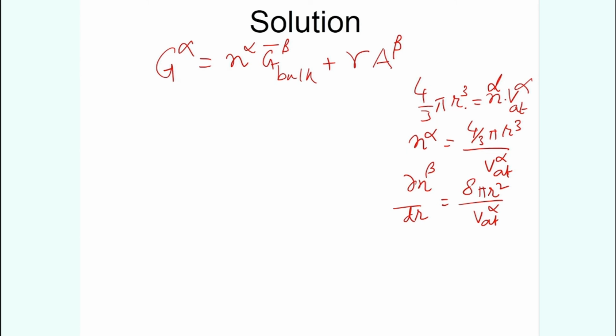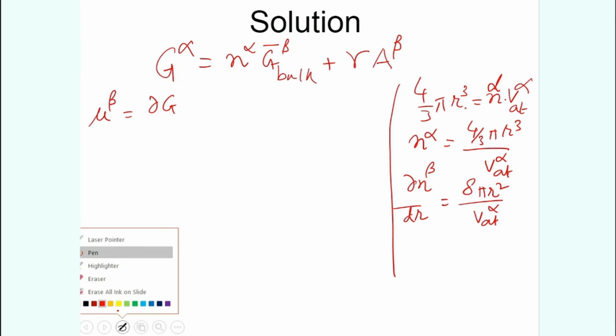That is easy. Now, let us take up this equation, right. So we can always write down mu beta, that is equal to mu alpha.